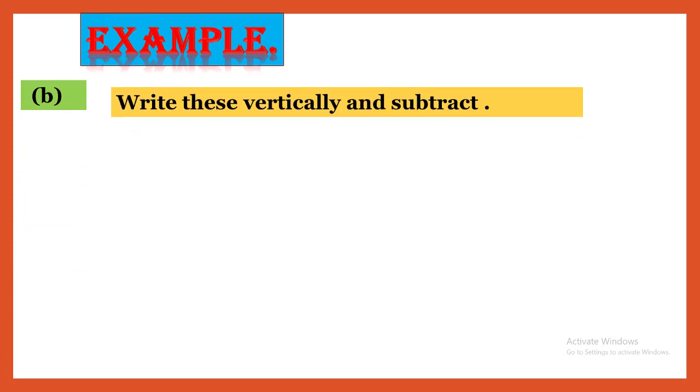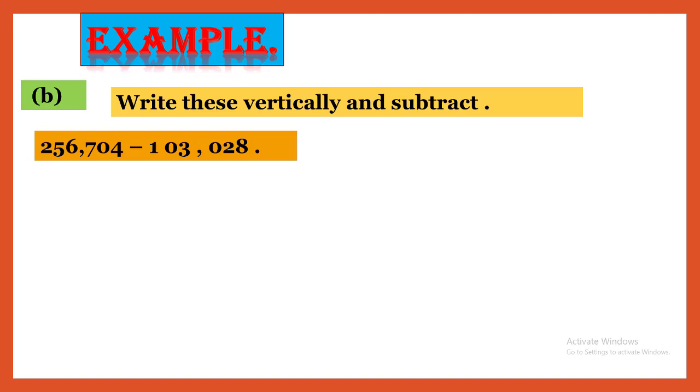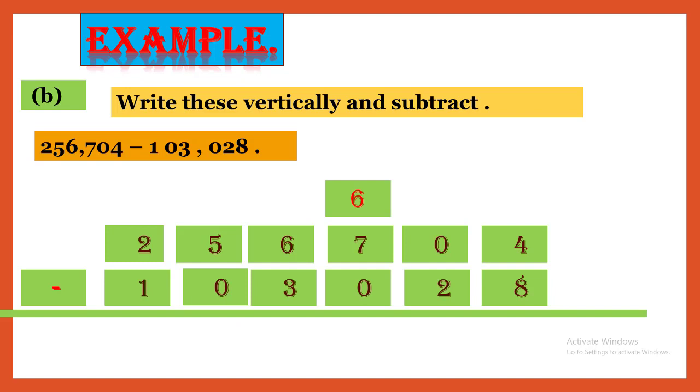Our next example is, write these vertically and subtract. 256,704 minus 103,028. Write them vertically. We cannot subtract 8 from 4. We have to take carry from the next column, but in the next column we have 0. It cannot give us 1 carry, so we have to look the next column.